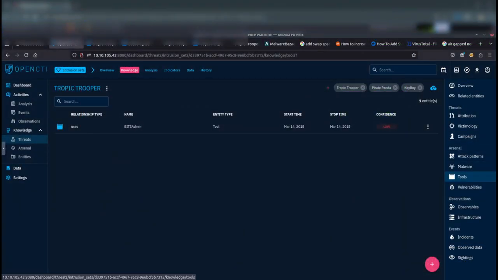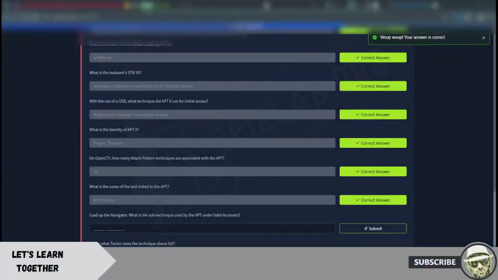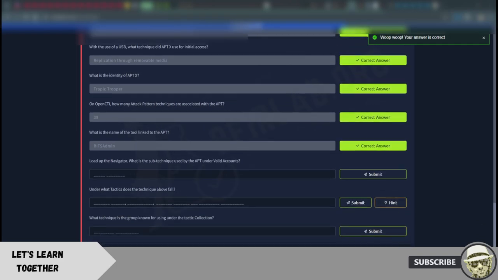Here the tools are. The overview, knowledge, Tropic Trooper, tools. Load up the Navigator, sub-technique used by APT, and the valid accounts.